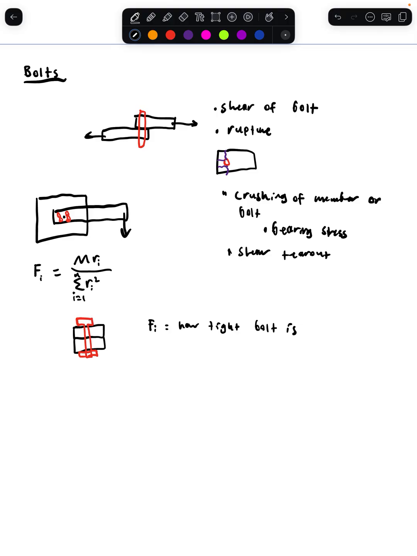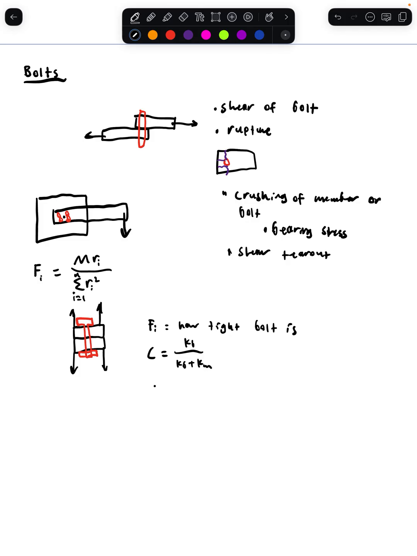Generally with this type of loading, you'd have the member loaded in tension, and you'd be asked to solve for the total load in the bolt or the total load in the members. You have to do some mechanics of materials here. There's a constant called the joint constant, which is the stiffness of the bolt divided by the stiffness of the bolt plus the stiffness of the members.